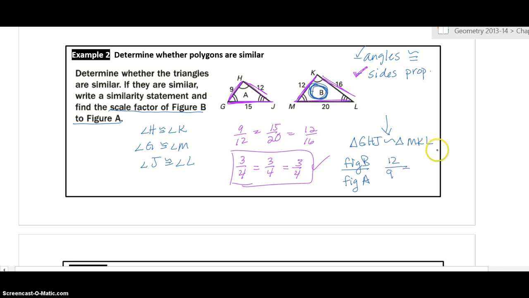And if we reduce that, we get 4 over 3. That is your scale factor. And remember, we call that K. You could have gotten that from here, but this was figure A to B, so it was a little bit different. We had to flip that, okay? Because when we verified, we did A to B instead of B to A.